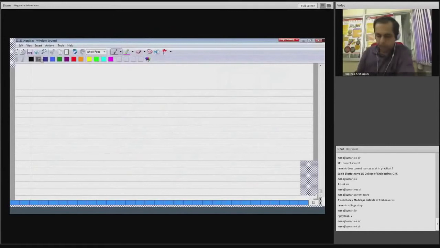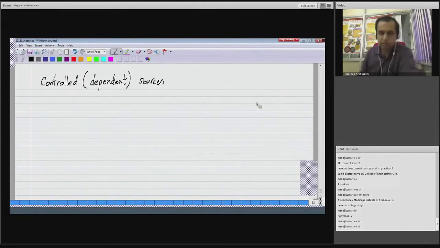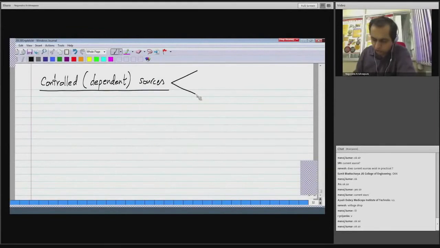Now, before I end the lecture, let me just introduce you to a new type of element, which are known as controlled or dependent sources. We have looked at independent voltage and current sources. These controlled sources will also be either a voltage or a current source.